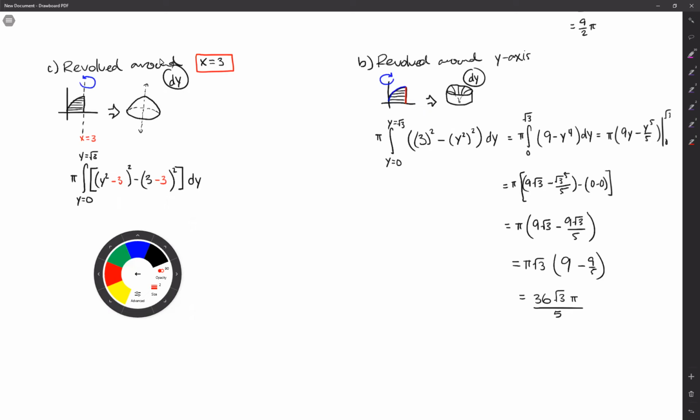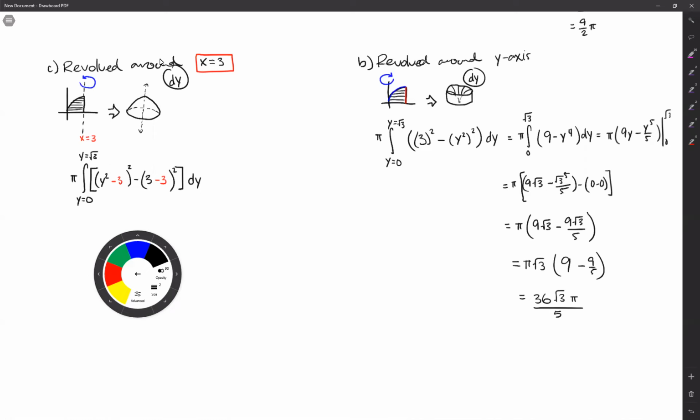I guess I could stop explaining there, but what you're essentially doing, by subtracting the value of the axis of rotation from each curve, is shifting the whole shape and the axis of rotation.